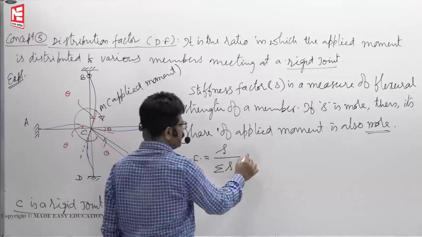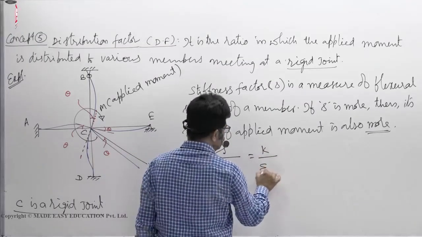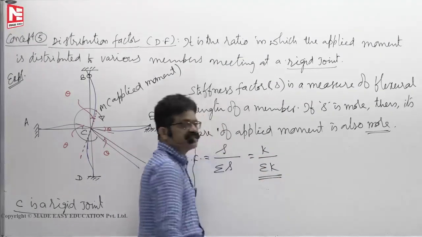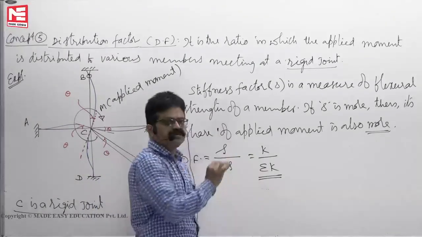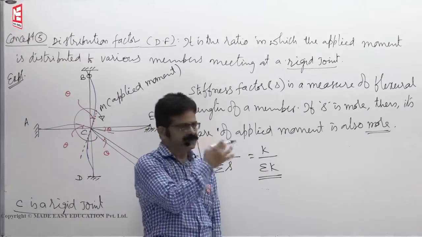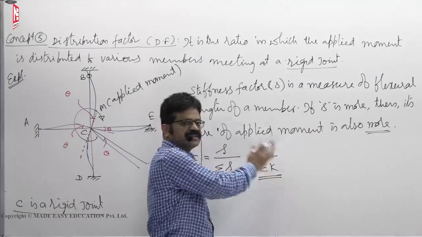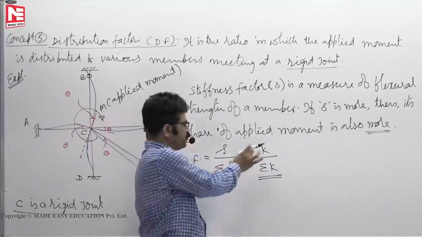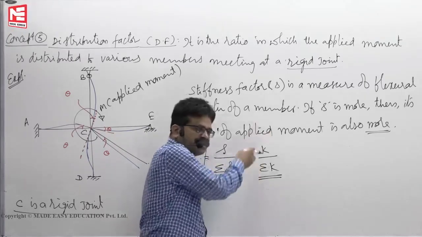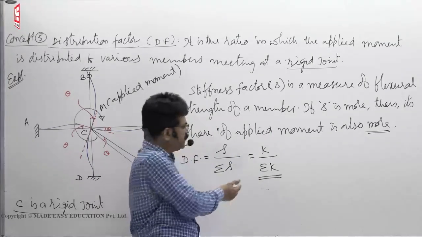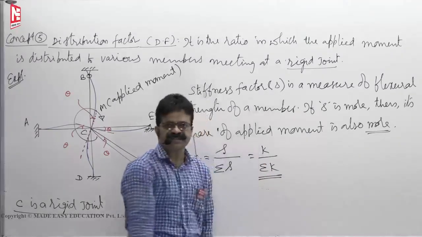Instead of that, you write the relative values, K by sigma K. The question of cancelling will not be there. You write in terms of relative values just to simplify the calculations.